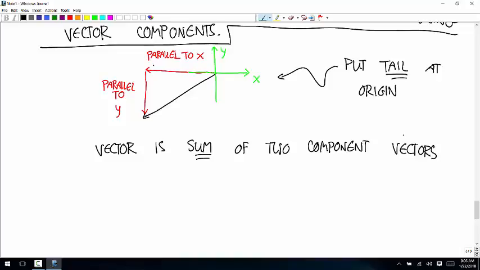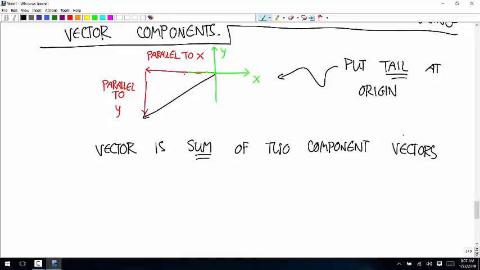Since we know the directions of those component vectors are parallel to the axes, there's no reason for us to write them as vectors. We can just give the magnitude and the sign along each one of those. Like this vector parallel to the x-axis, we can just represent that by its magnitude with a negative indicating it's in the direction of the negative x-axis. And same with this one. This is the magnitude and a negative because it's in the negative y direction.